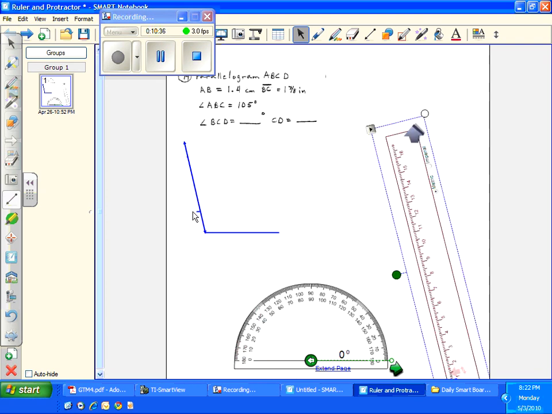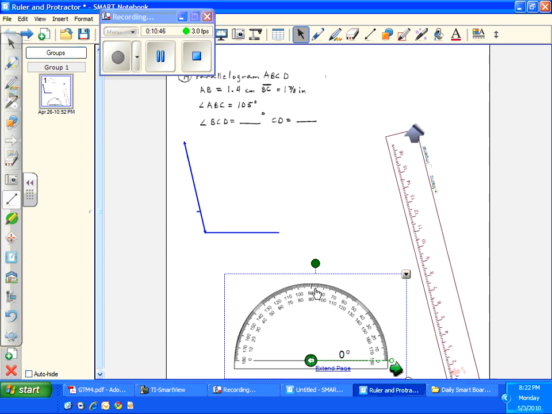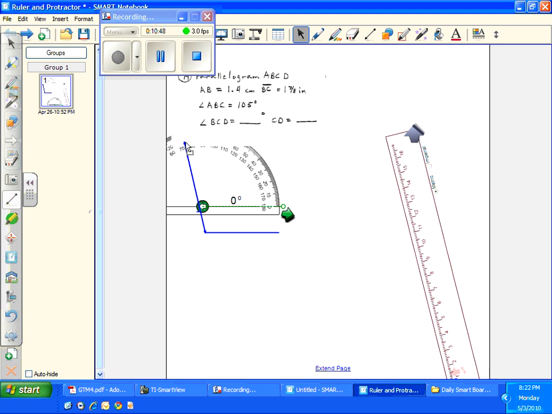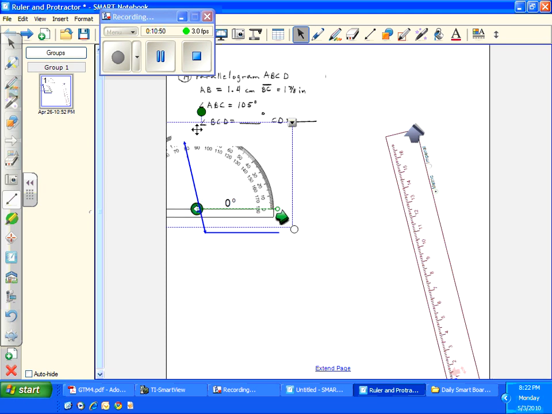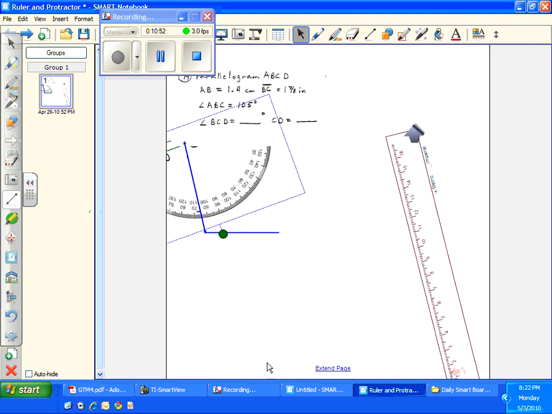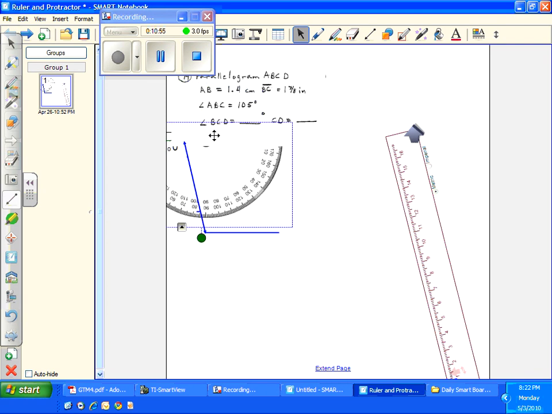And so then we would want to measure this angle. Now, if this angle is 105, then the other one is 180 minus 105, which is 75 degrees. So we could bring our little protractor up here, spin it around, and measure. It's a little bit tricky, isn't it?